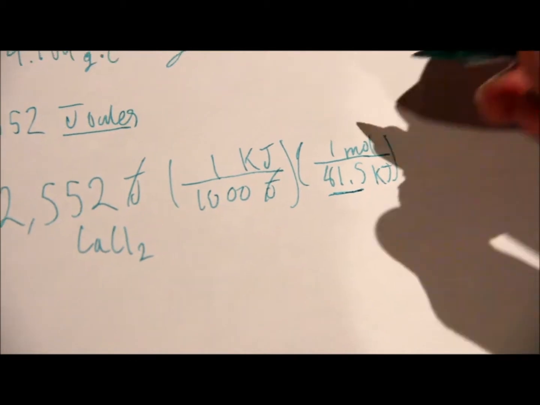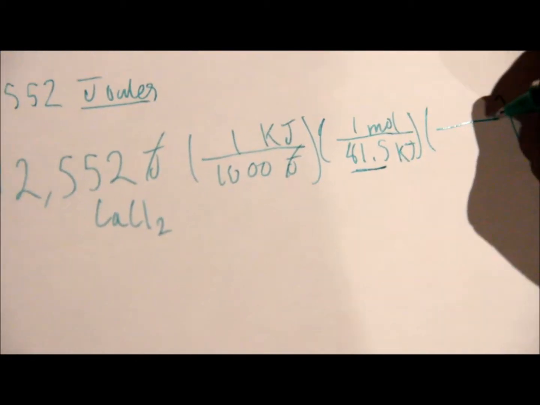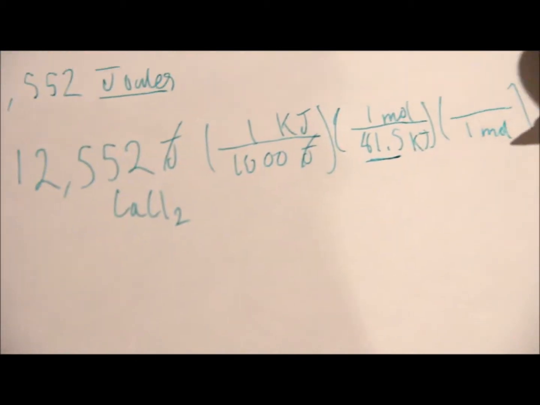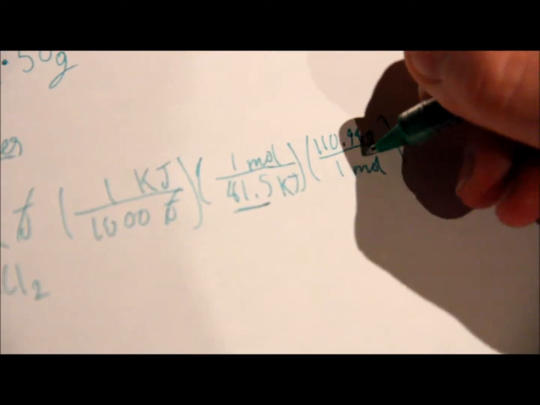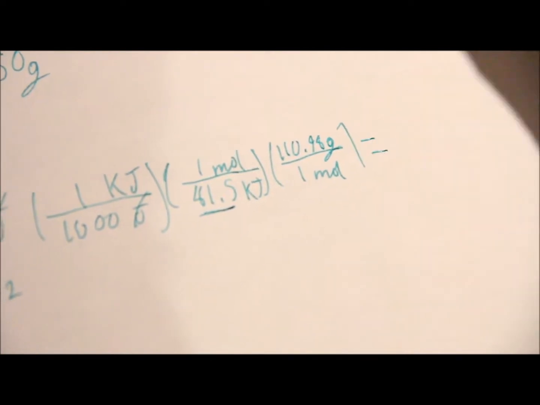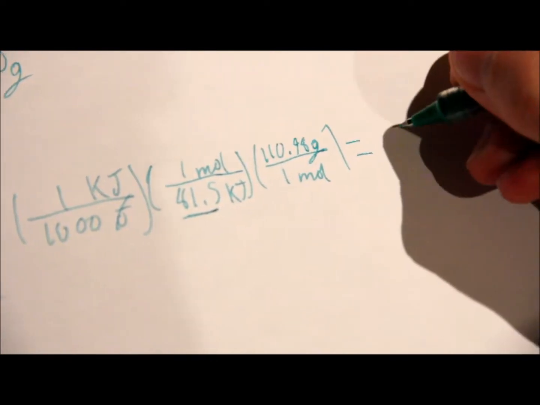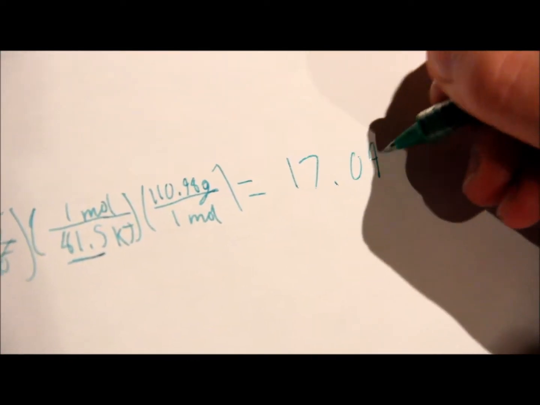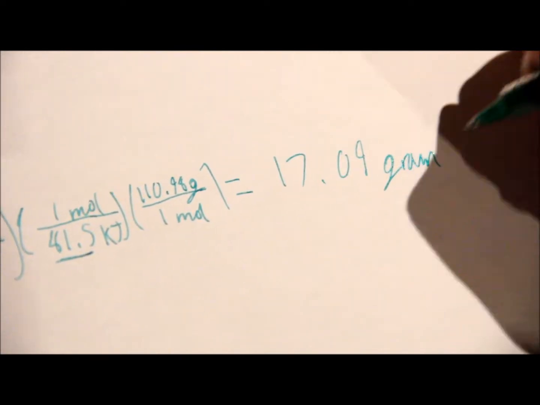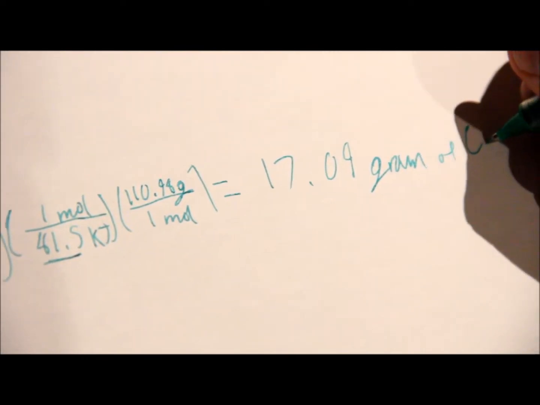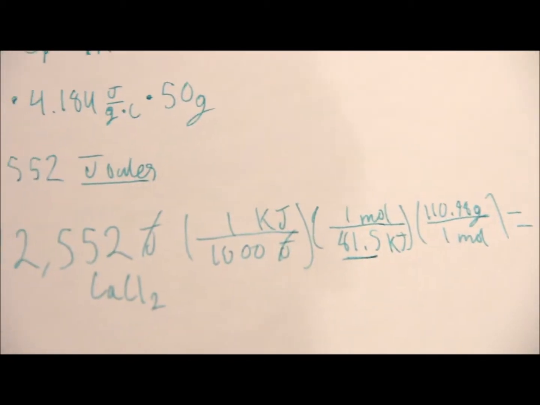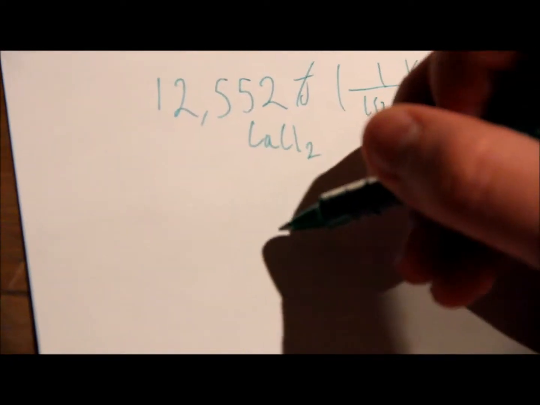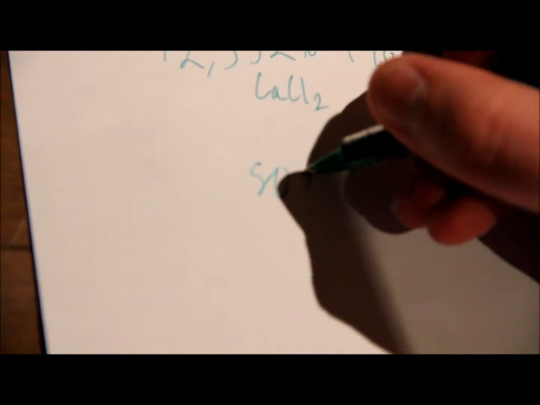To convert from moles to grams, we have 1 mole per 110.98 grams of calcium chloride. All of this should yield 17.09 grams of CaCl2 to 50 grams of water. The issue is, whenever we did this experiment, we had a 50% yield.